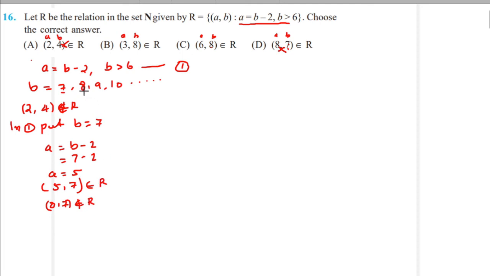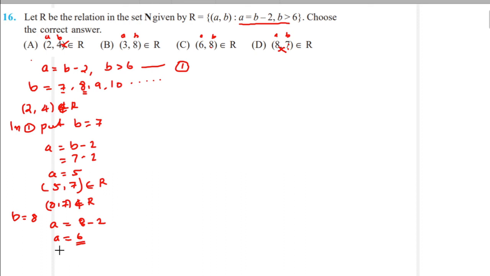Next take b = 8. Then a = 8 - 2, so a = 6.